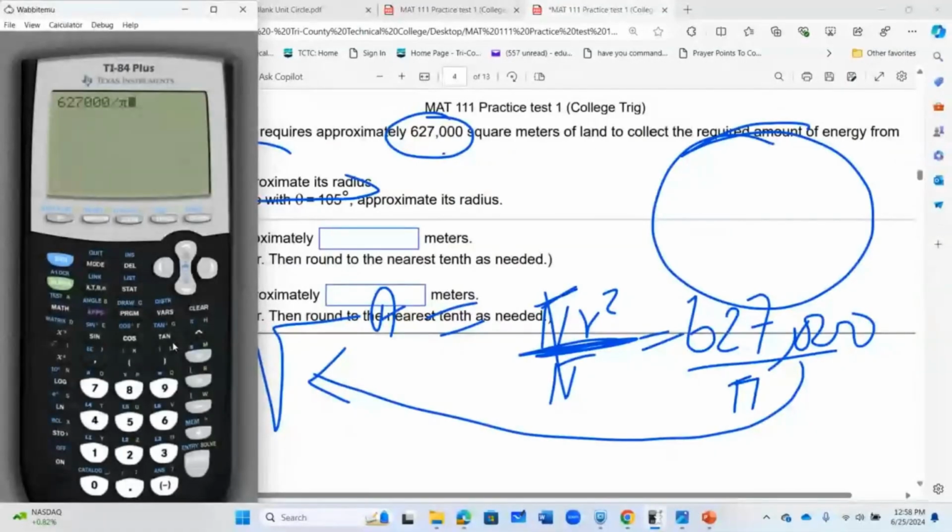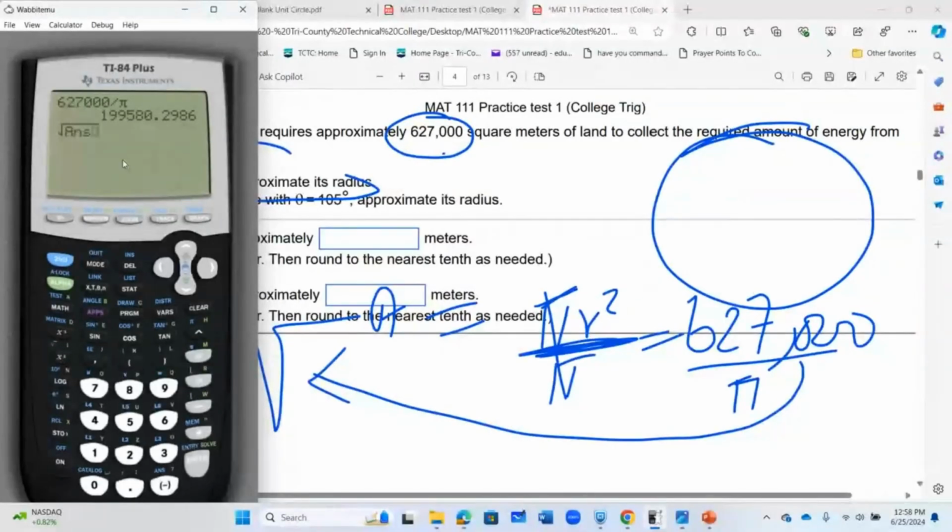When I get this answer, I'll find the positive square root of it. Second square root, right here, and then I put the answer there.